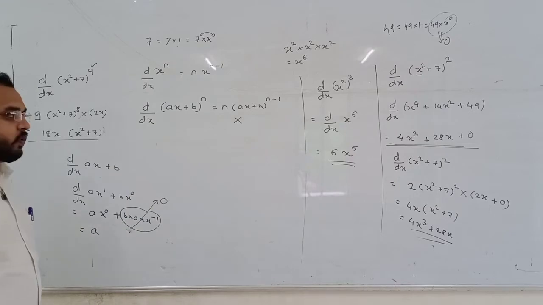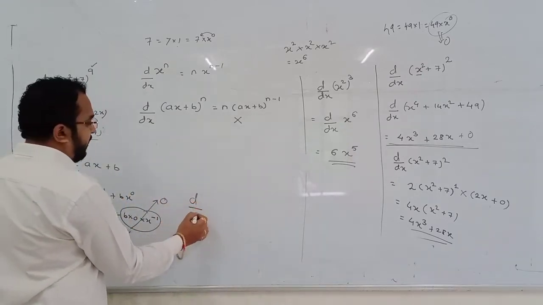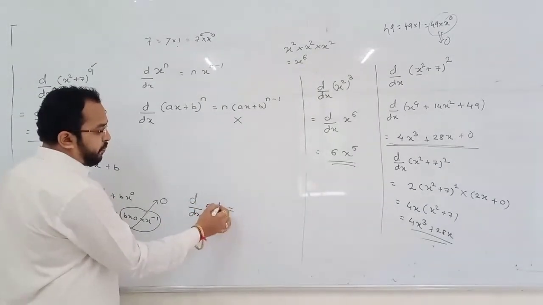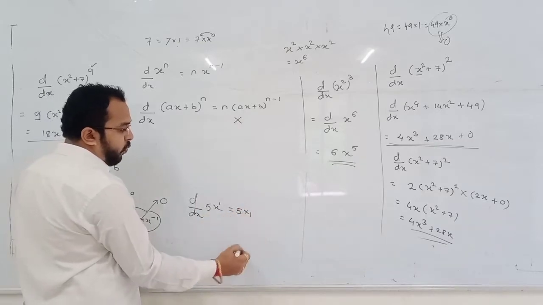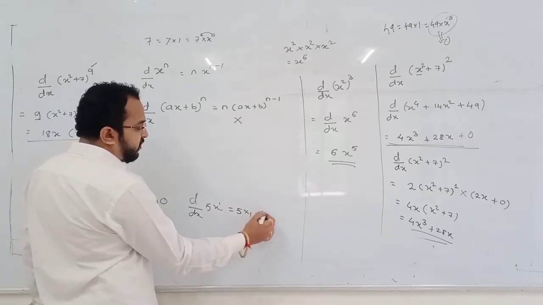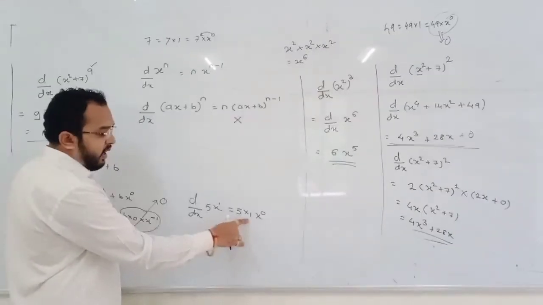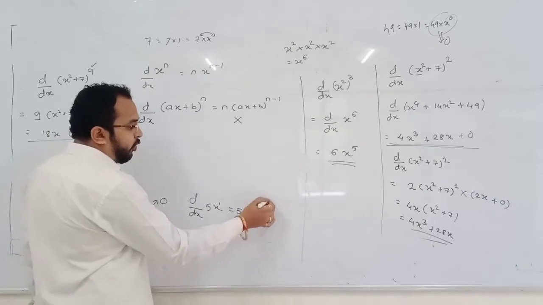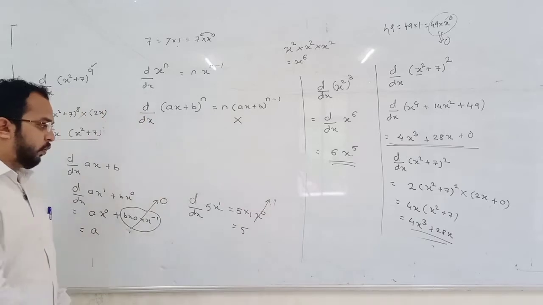Last class we saw the differentiation of 5x. See, its power is 1. When this power 1 comes to the numerator, it will be 5 into 1, and reduce the power by 1. So 1 minus 1 it will be 0, and anything to the power 0 is 1. So it will be 5 into 1, 5.